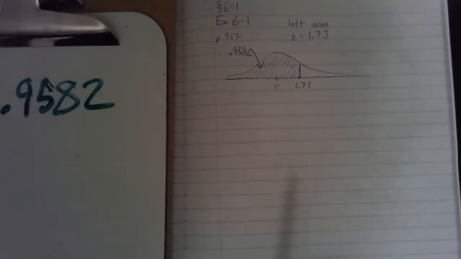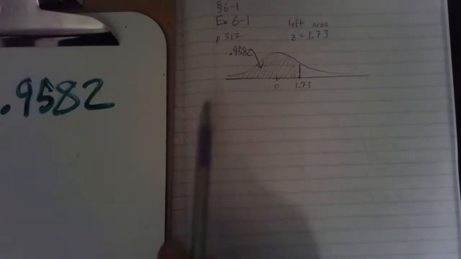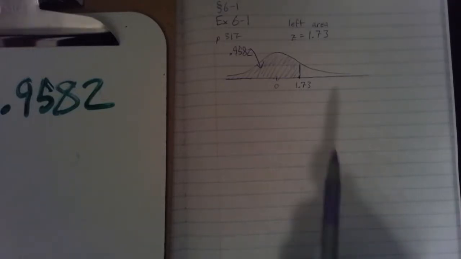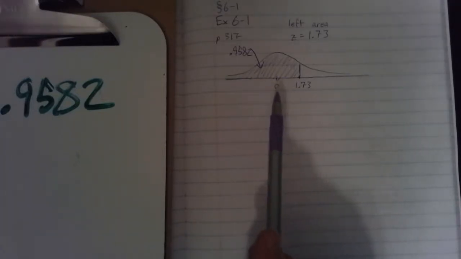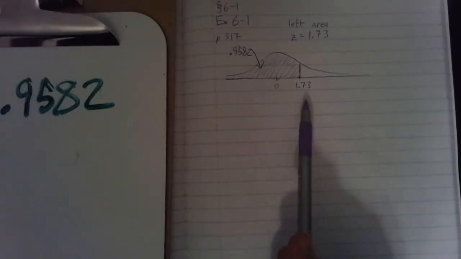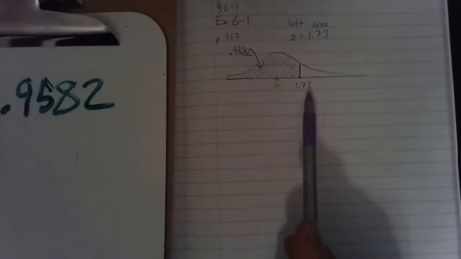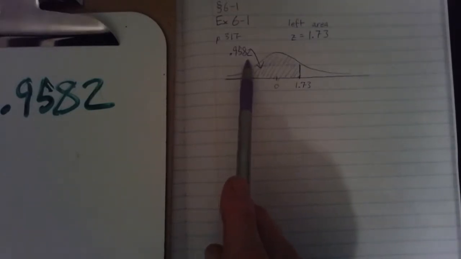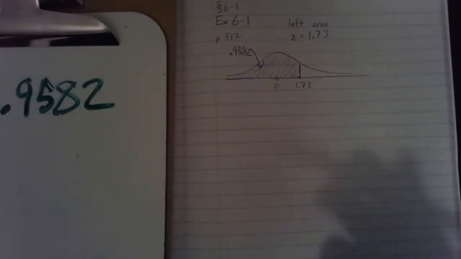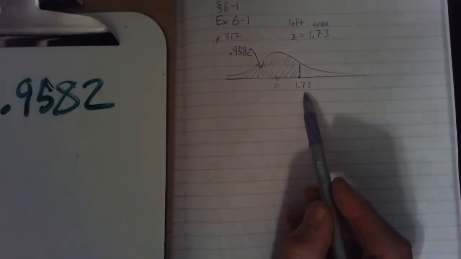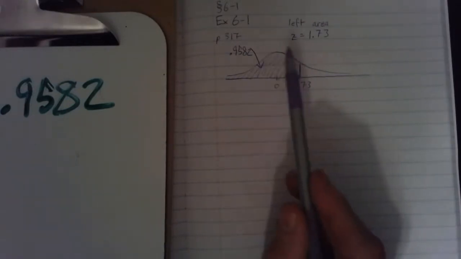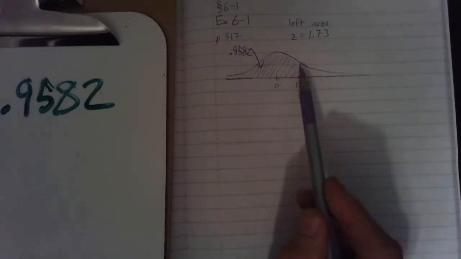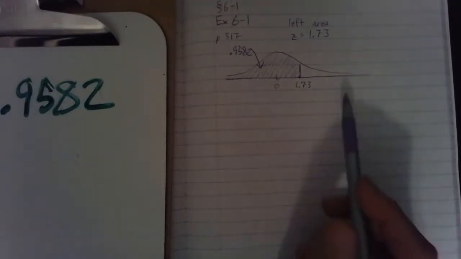So just to add a little bit of clarity here, what this represents is if we were looking at the standard normal distribution, we would be seeing that the proportion of values that have a z-score lower than or equal to 1.73 is exactly 95.82% of the values. So here we're basically looking at the relative position, the z-score, and determining where that data value that has that corresponding z-score would fall within the rest of the data set.